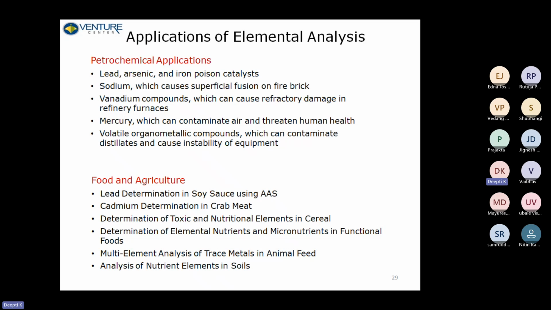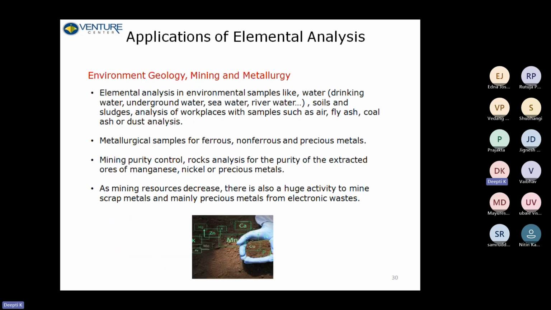So determination of cadmium, lead, analysis of nutritional content in soils, or multi-element analysis in feed. All this can be performed.